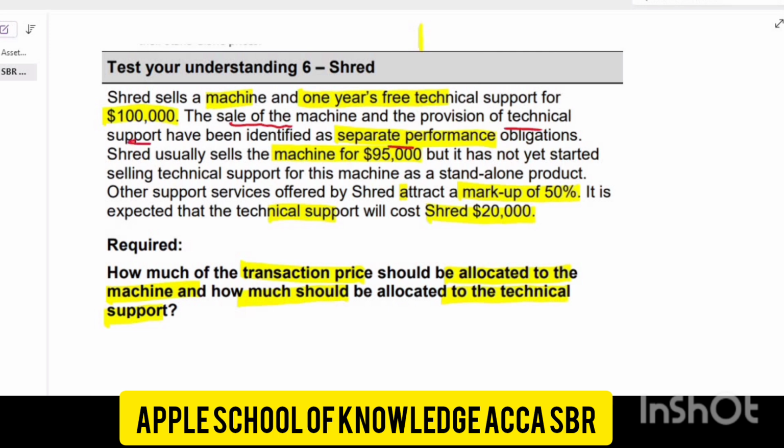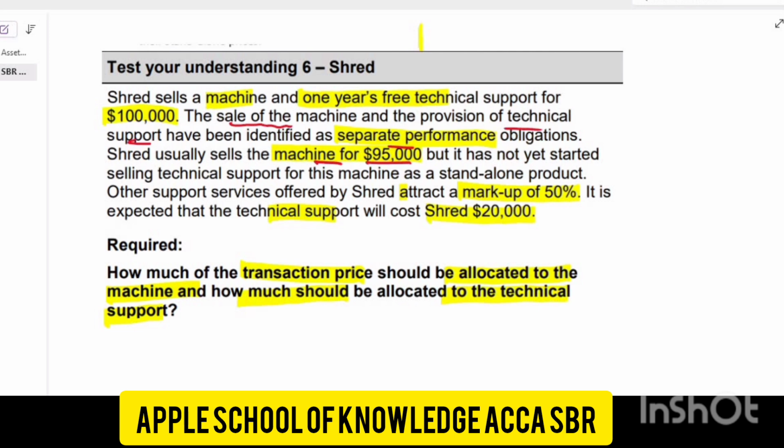Clear? Now the stand-alone selling prices. For the machine, the stand-alone selling price is 95,000 based on observable evidence. Clear?